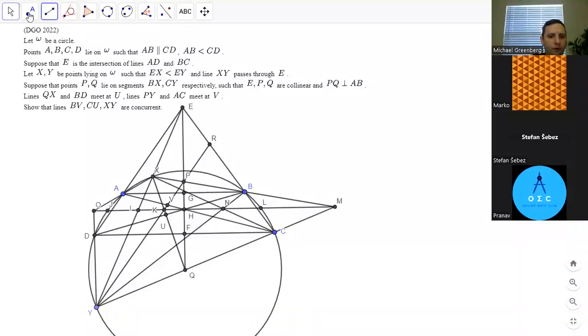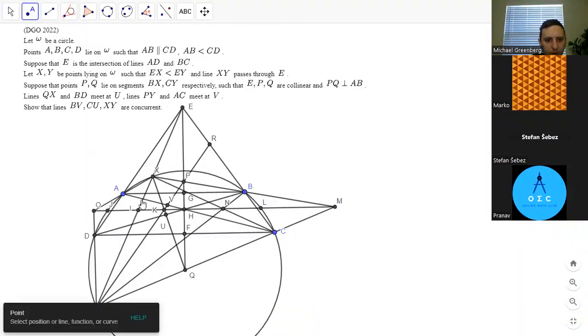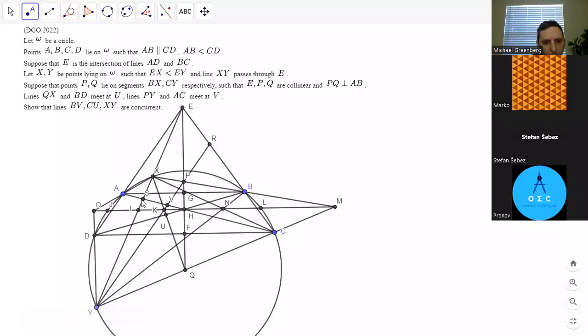In fact, if we draw this point, then that's equivalent to showing that SVHC is harmonic.